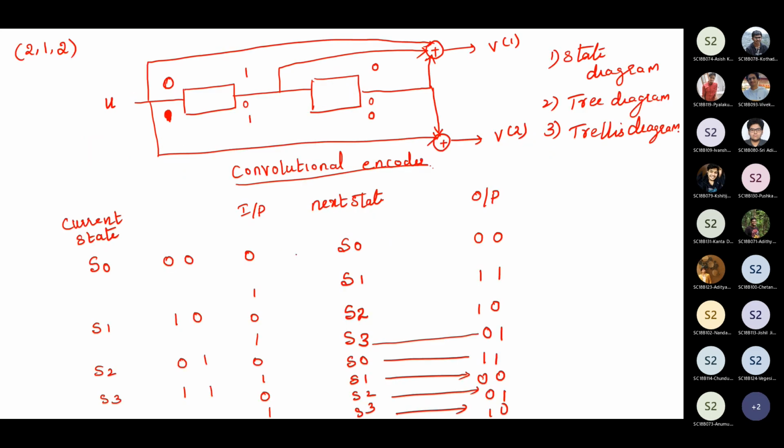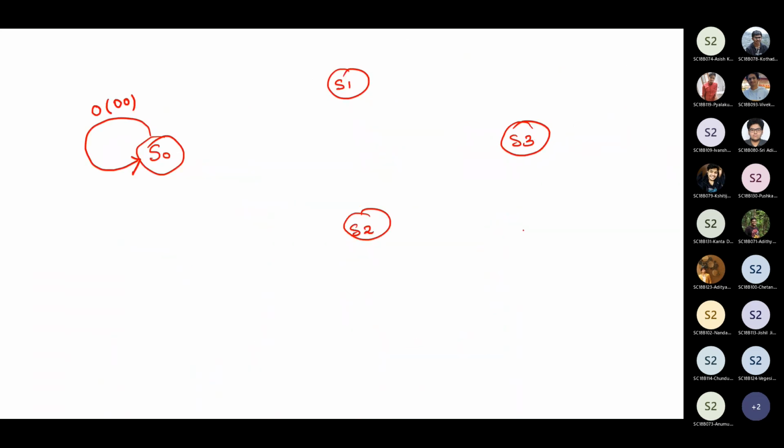Next one, you see. If I give 1 as the input, the next state will be S1, and the corresponding output is 1, 1.